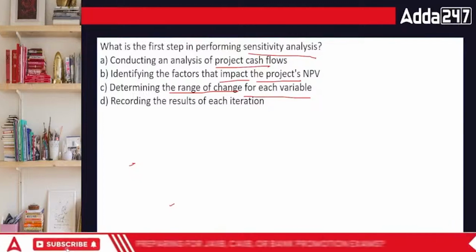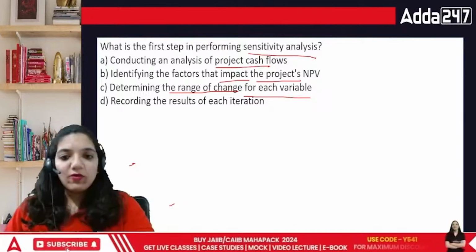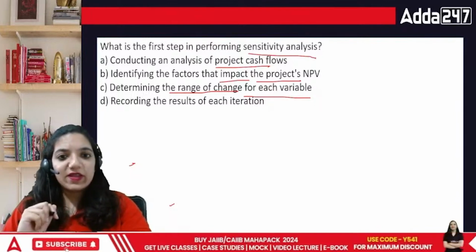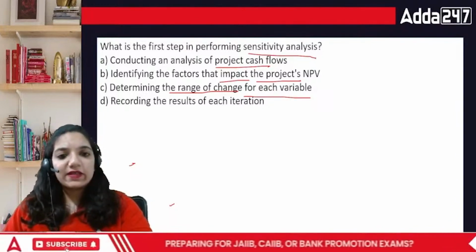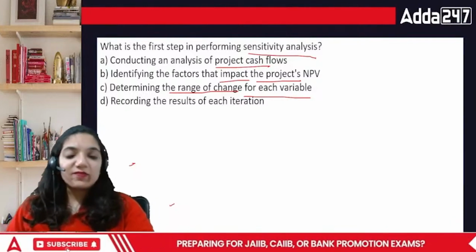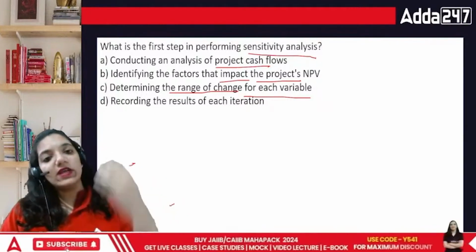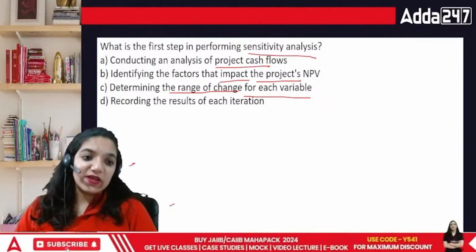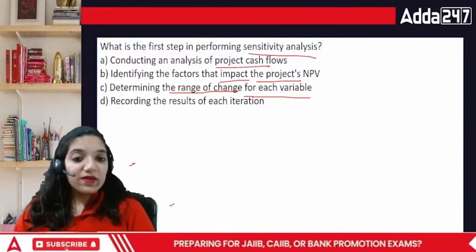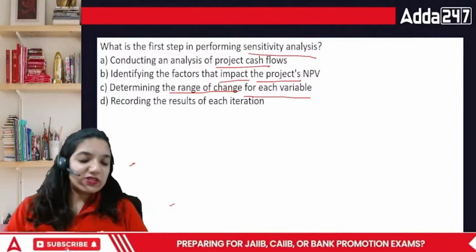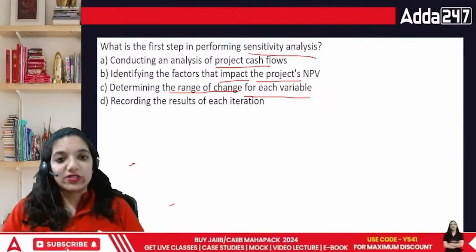See, sensitivity analysis is clearly saying that you should study only one factor at a time. What's the benefit of studying only one factor at a time? I think when we study only one factor, that brings a lot of clarity. How does it bring a lot of clarity? Because we know how much of one particular asset we are using, or how much one variable is going to affect the utility of that particular project.